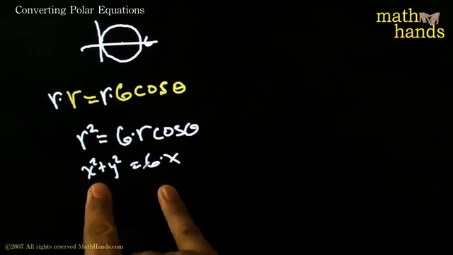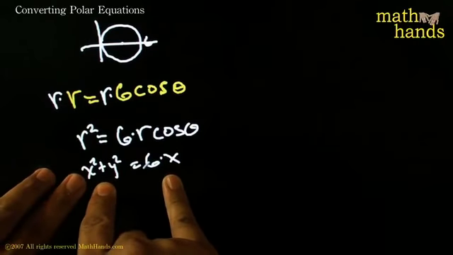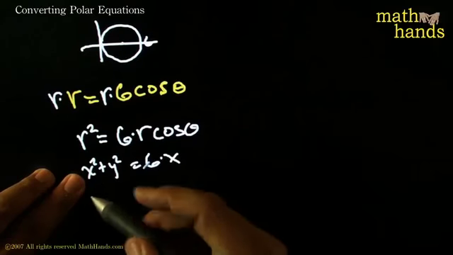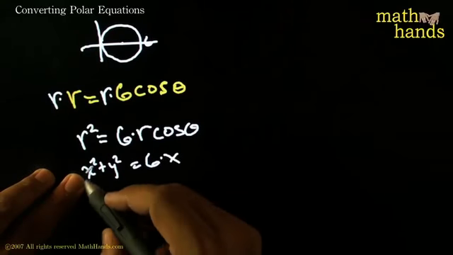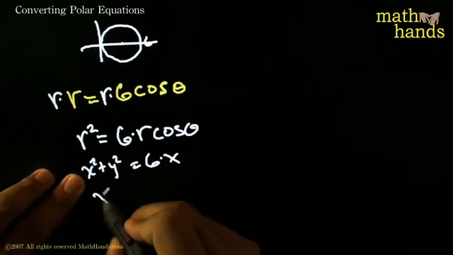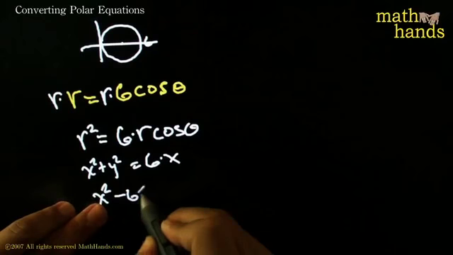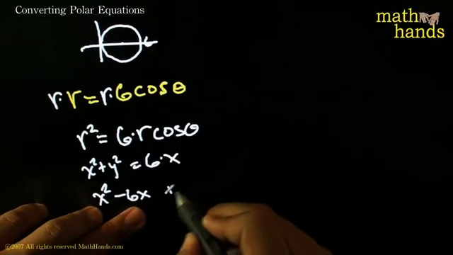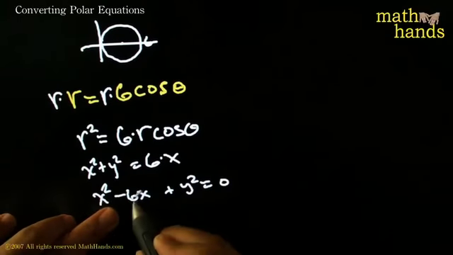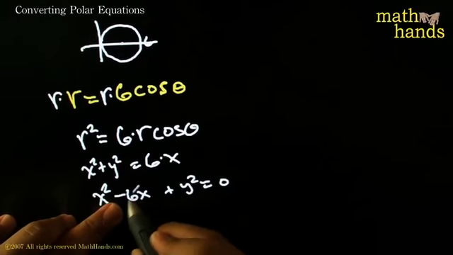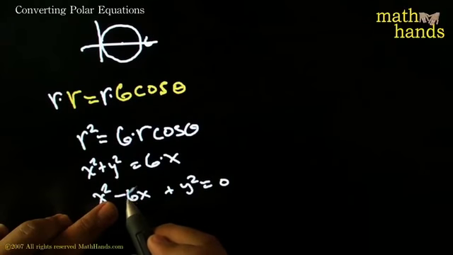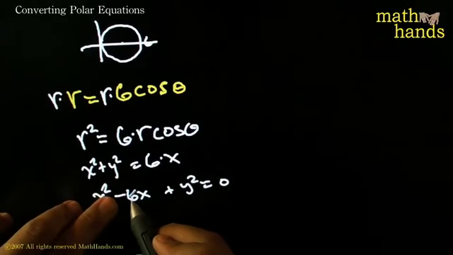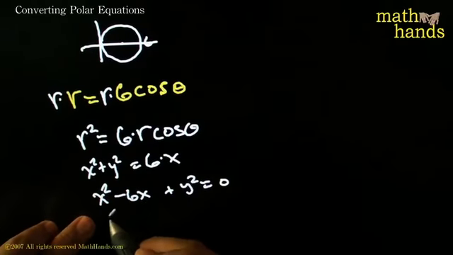By the way, this is famous. This is a circle where you've got a linear term, so if you wanted to do the shifts and the stretching the way we did it earlier in the course, you would collect the x's together and set this equal to 0. You would complete the square by taking half of this and adding it to both sides. Half of this would be negative 3 squared. That would give you 9, and you add that to both sides.